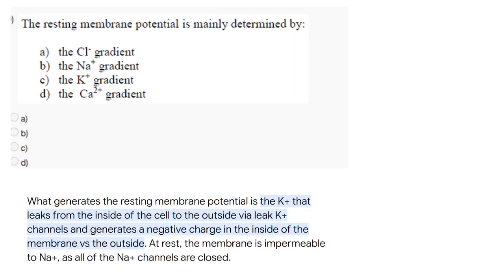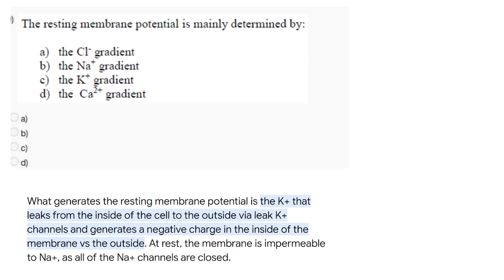The resting membrane potential is mainly determined by the chloride ion gradient, sodium gradient, potassium gradient, or calcium ion gradient. So it is determined by the potassium gradient.